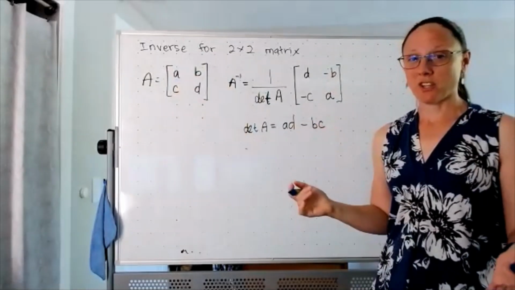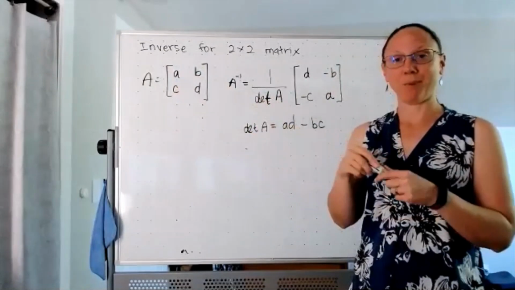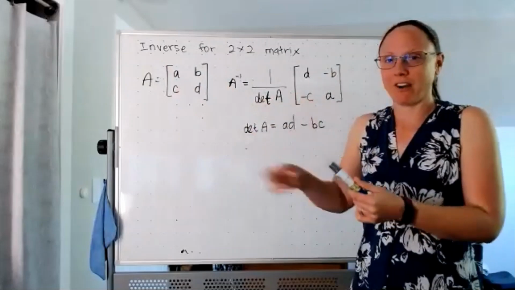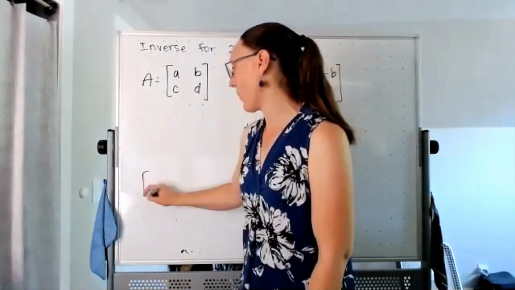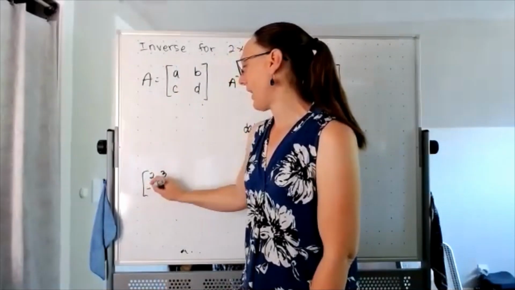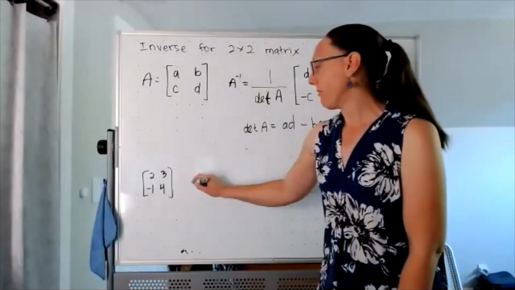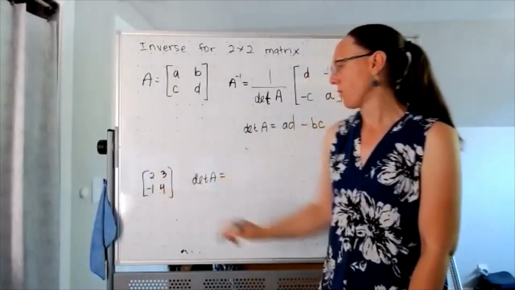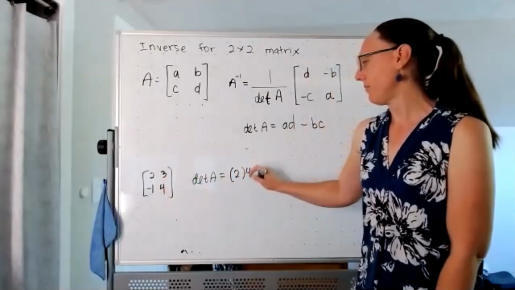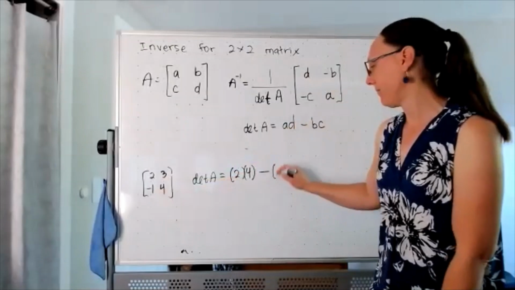Now for the matrix we just did, we know that our determinant turned out to be 11 because that was the magic thing that we could factor out of the matrix when we were done. Well, if we had done the previous problem the fast way, and I had 2, 3, -1, 4, we would find the determinant of that matrix by doing 2 times 4 minus 3 times -1.